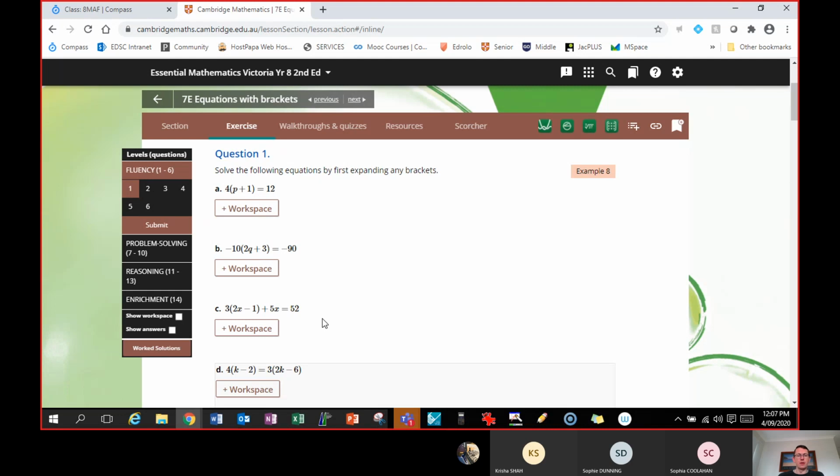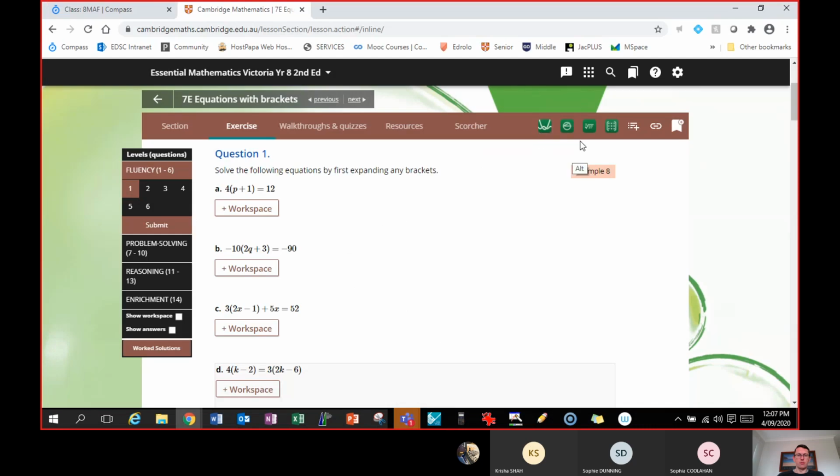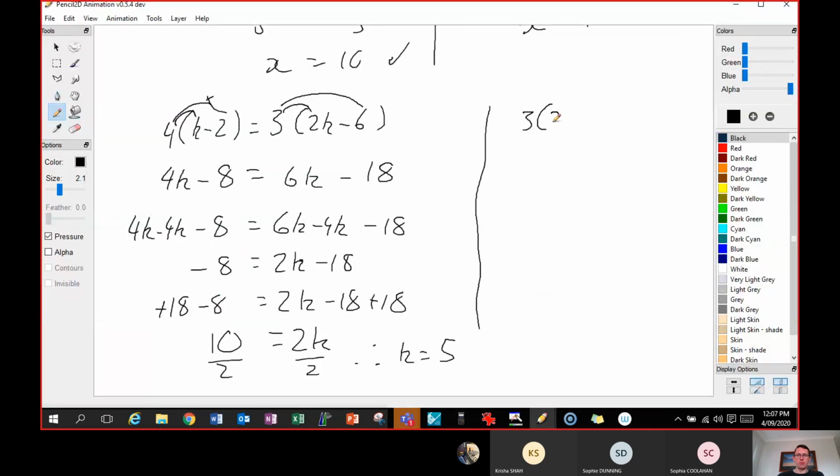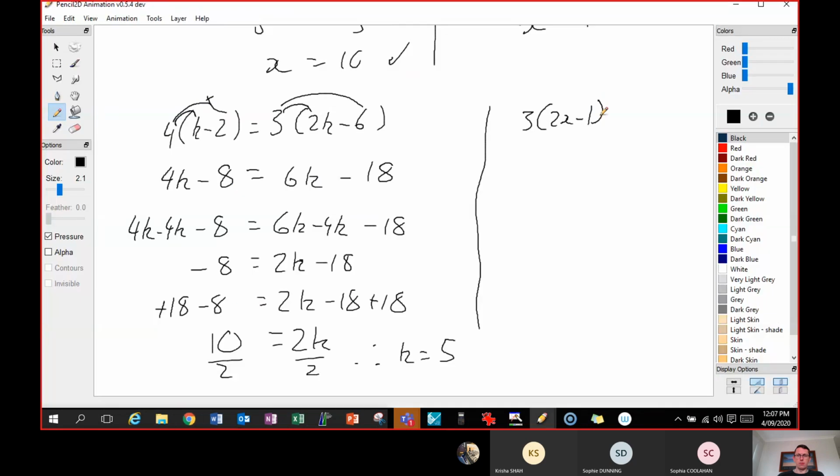Let's have a look at this one. Okay, if I want to divide by 3 first, I would actually need to divide it by every term.